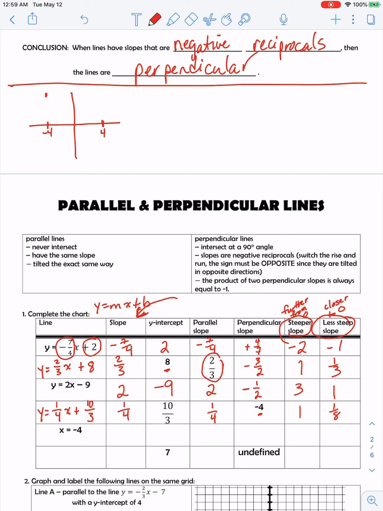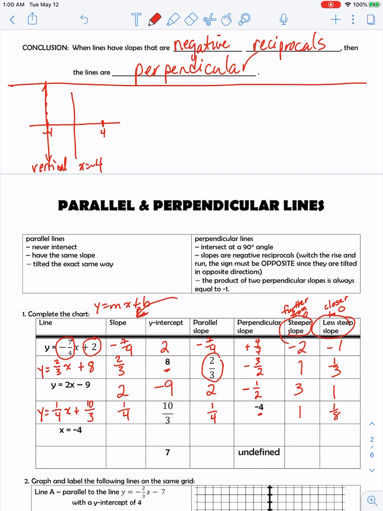I don't even know what the y-coordinate is. I don't care. It could be 5 maybe. That point, the x-coordinate is -4. This is a vertical line. So x equals -4 is the equation of that line.